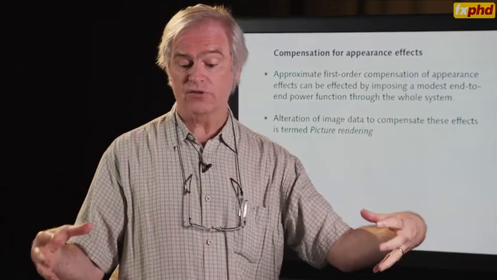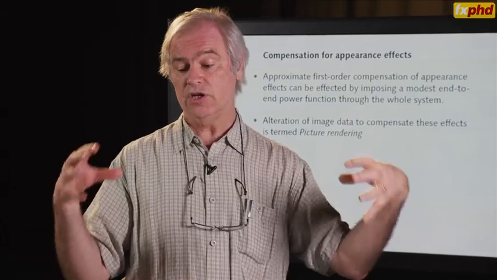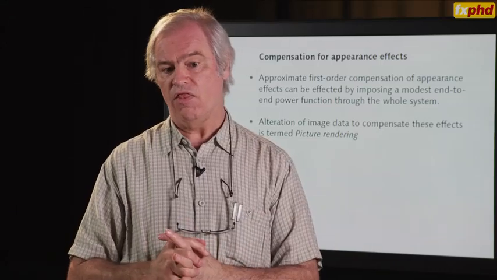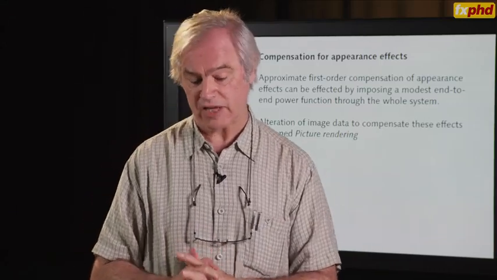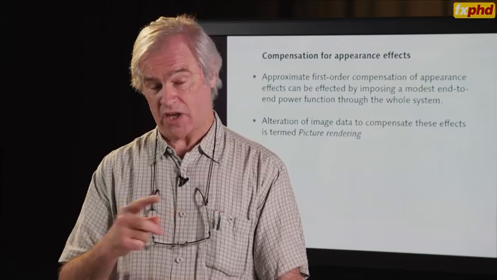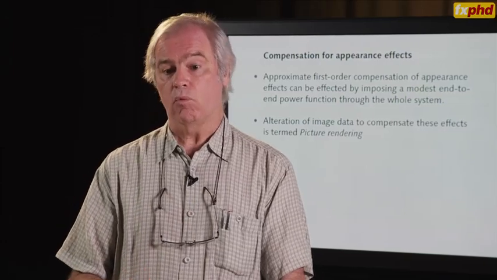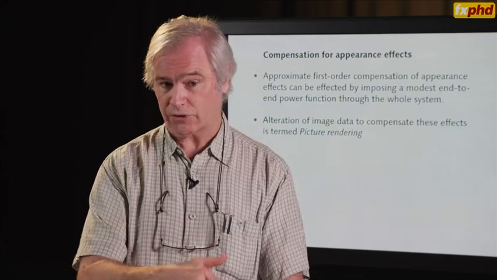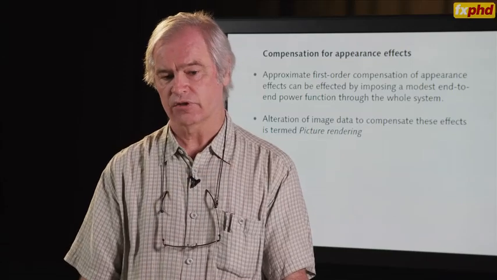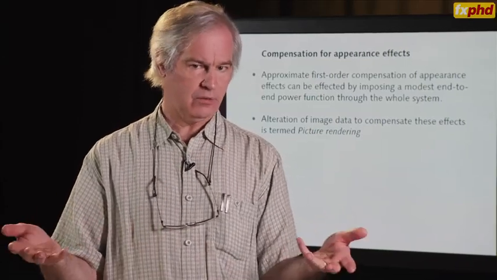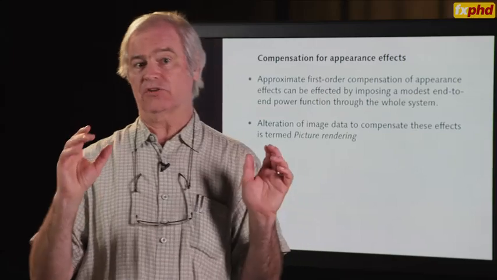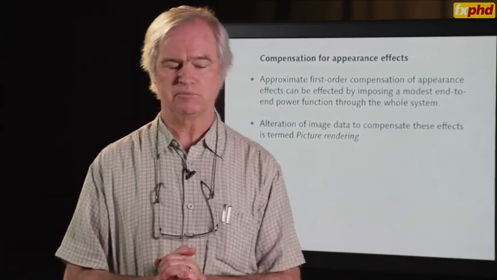Then the compensation for those appearance effects needs to happen in the DI chain. And the compensation for those appearance effects is largely the reference rendering transform in the Academy workflow, which is not yet completely standardized, and so it's another question we'll address in a later class. How did we do that in cinema up until now? But think of the Academy workflow as being a structured way to approach that problem.